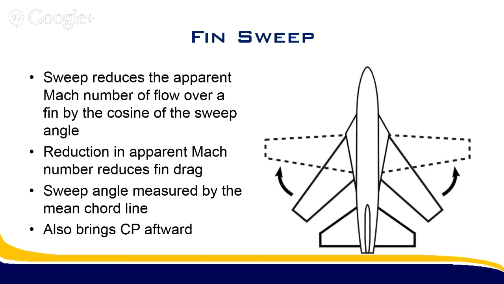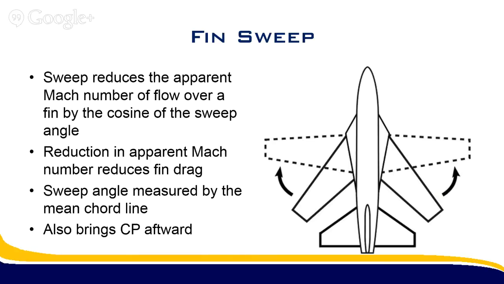defined as not the angle between the leading edge and a line perpendicular to the rocket. Rather, it's defined as the mean chord. So if you look right here, from here to here, this was your mean chord, so kind of the center line of the wing or the fin. That is the point from which the sweep angle is defined in aerodynamics.